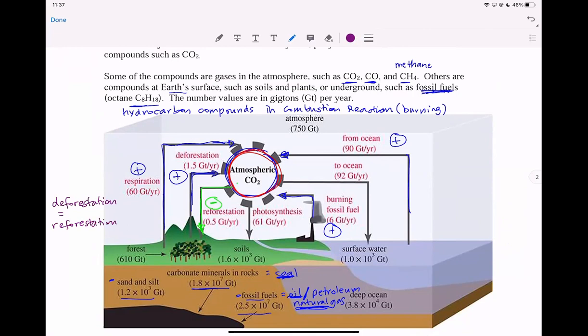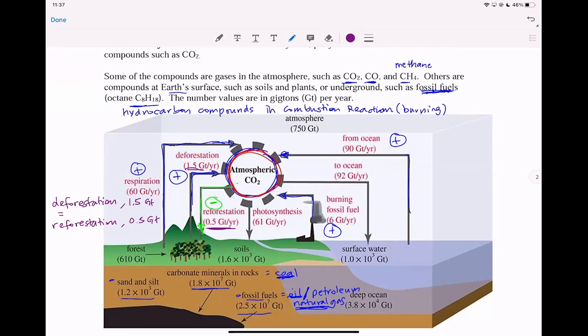There is one part of it that is a little bit, the numbers are mostly equal, 1.5 versus 0.5. So this is 1.5 gigatons per year versus 0.5 gigatons per year. That if humans weren't around, plants, trees are removed from nature.